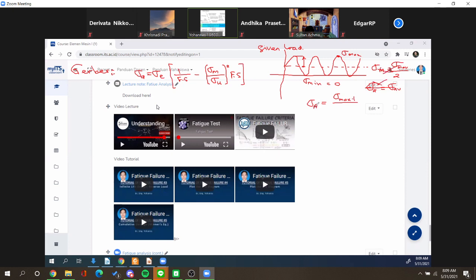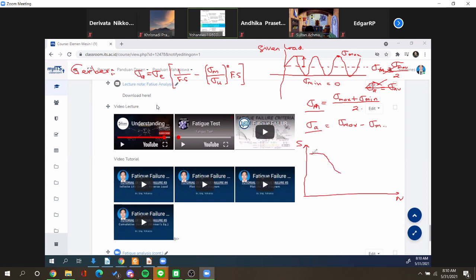So sigma m is sigma max plus sigma min over 2, and sigma amplitude is sigma max minus sigma min. Okay, so for this given load, we can describe the load using the average stress and its amplitude. Okay, and on the other side, we have for this material the SN curve of this material.